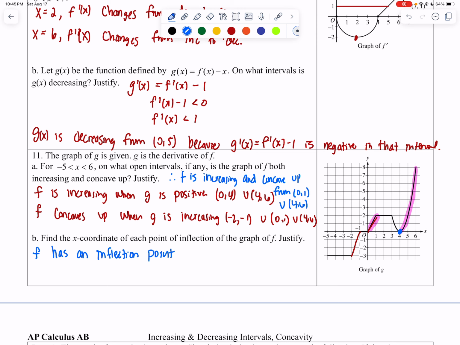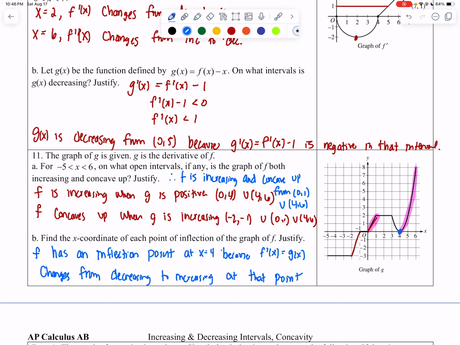So notice how here at x is equal to 4, because f prime of x is equal to g of x, it changes from decreasing to increasing at that point.